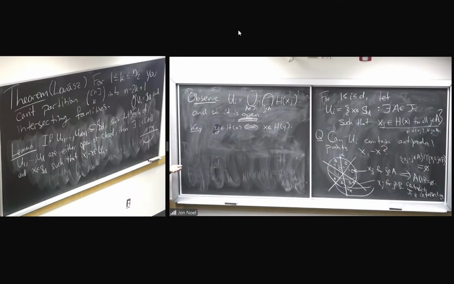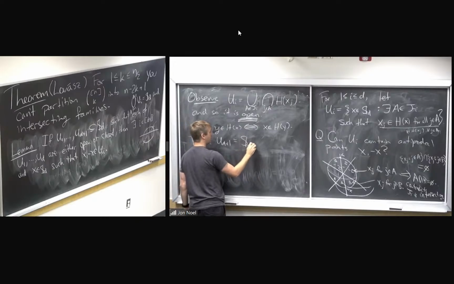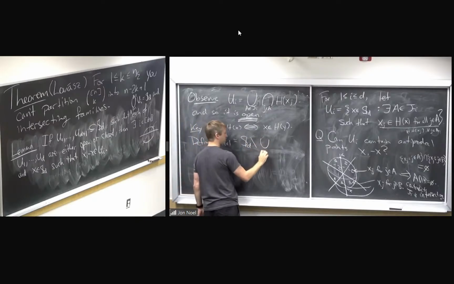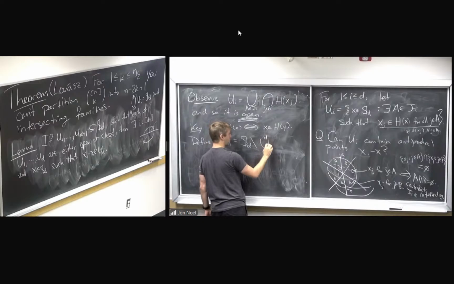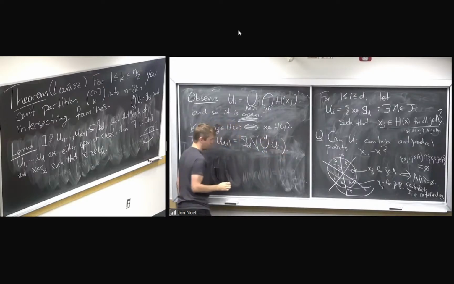And why do I care about that? It's because I can use this lemma now, right? So now I'm going to define u(d+1) to be everything left over when I delete u1 up to ud.